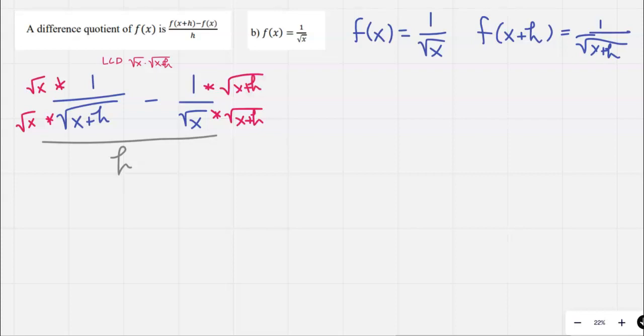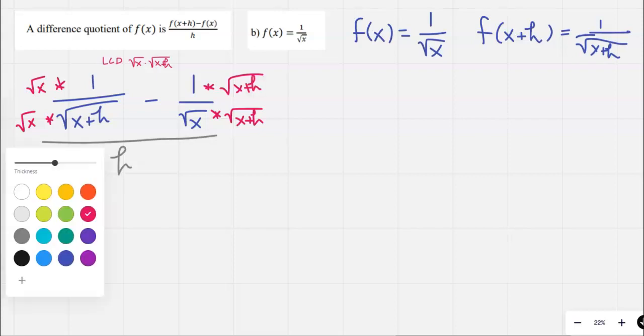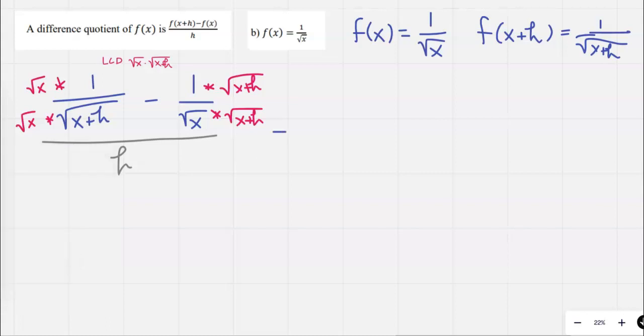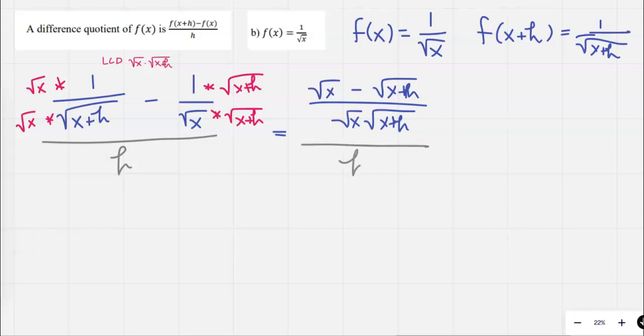Once I do that, that's going to cause the numerator of this difference quotient to transform. So now I'm going to be looking at the square root of x minus the square root of x plus h, over the square root of x times the square root of x plus h, still over h.